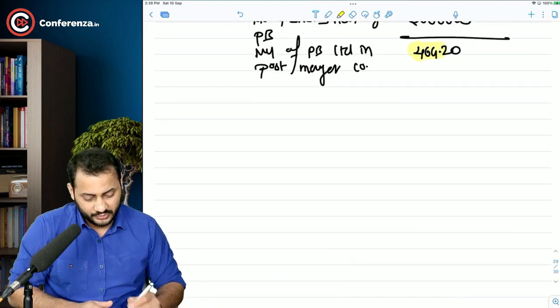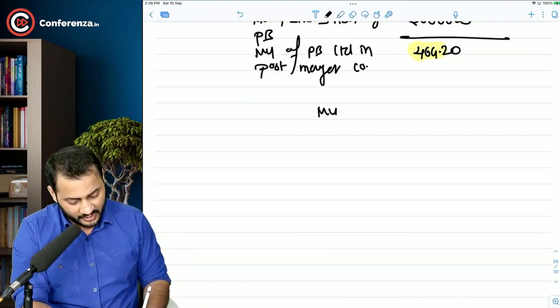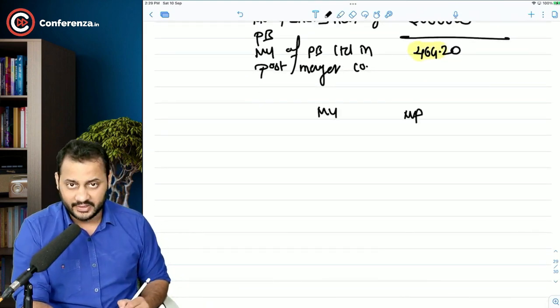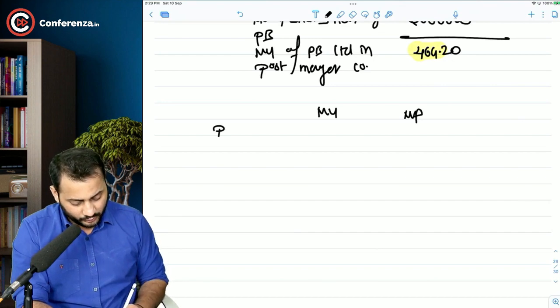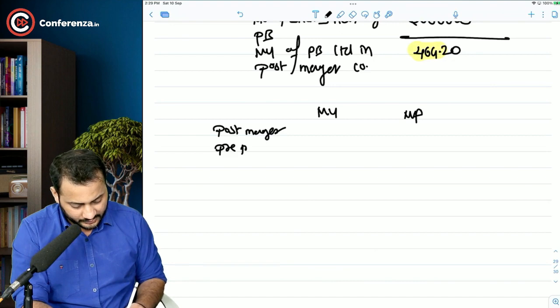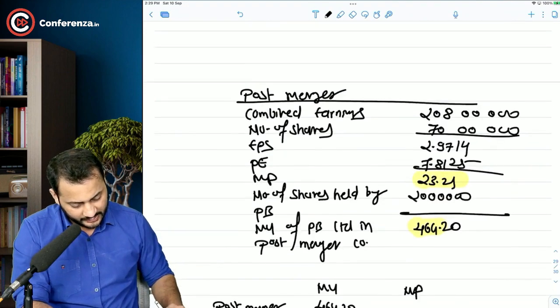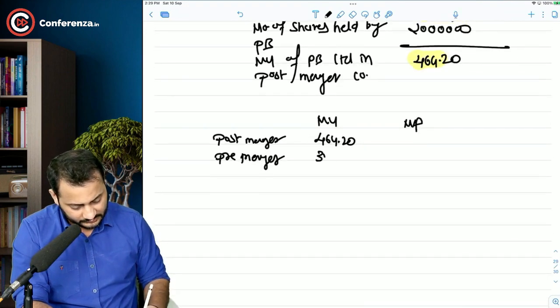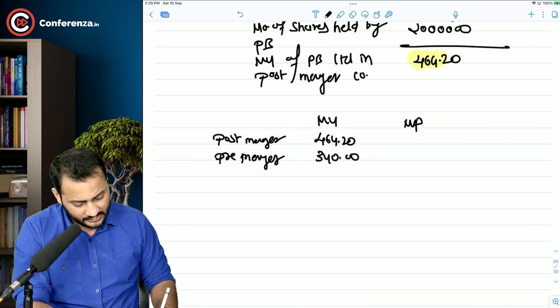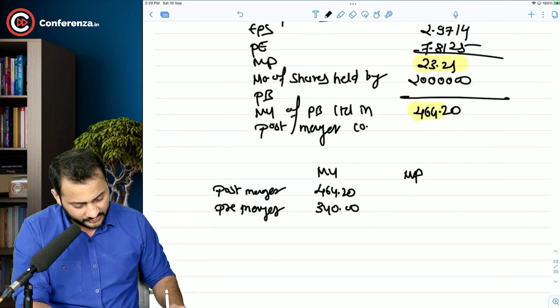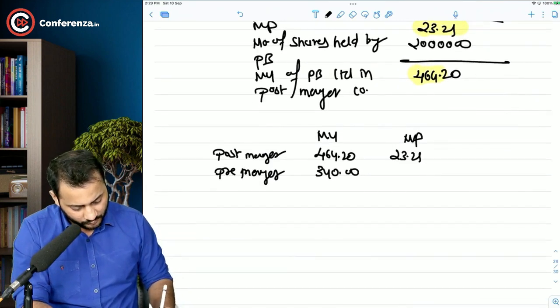I will just show you the difference in terms of market value and market price. Market value post merger is 464.20 and pre-merger it was 340 lakhs. It is in lakhs, and the market price right now is 23.21.